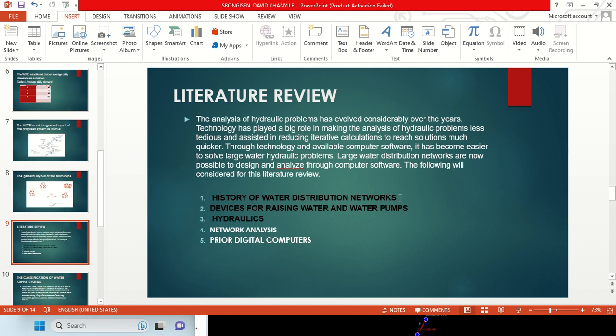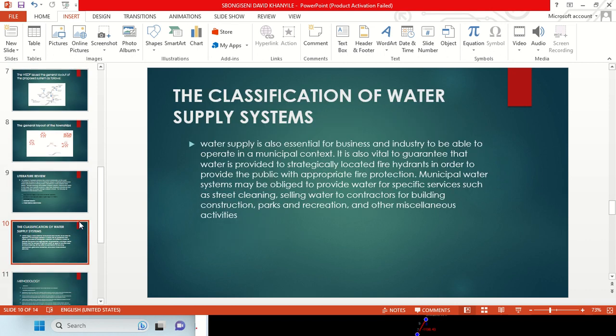Also the hydraulics, the whole process of abstracting the water from the river to the water treatment plant to the community. And also the digital computer, which has made it very easy for the engineers to design and get information to design accurately.